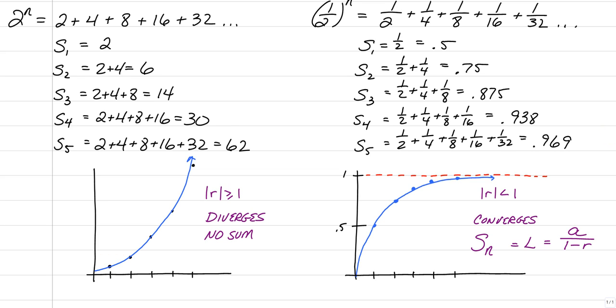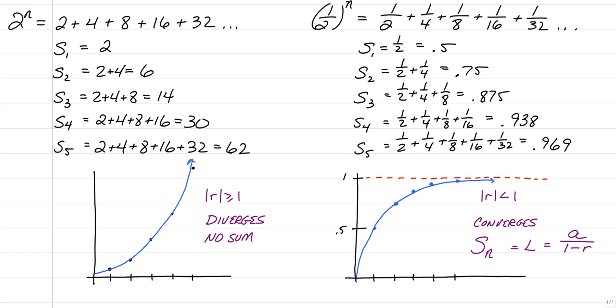So, with a geometric series, we know that we're going to be adding a whole bunch of terms, but these terms have common ratios, which means we're multiplying. So I'm going to compare 2 different ones.